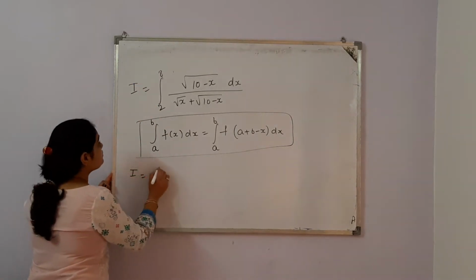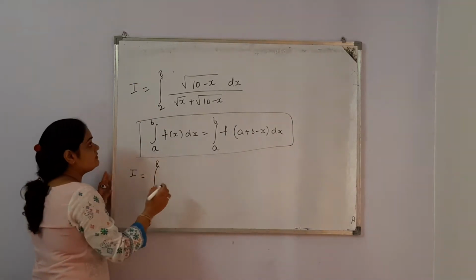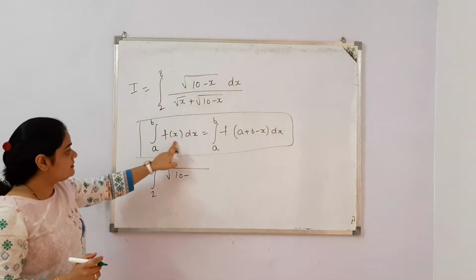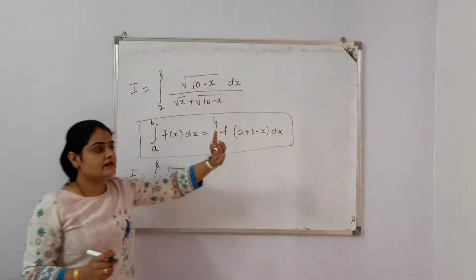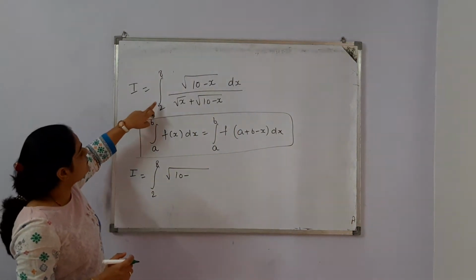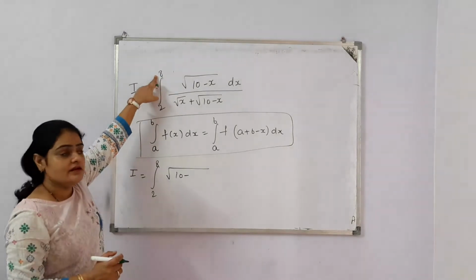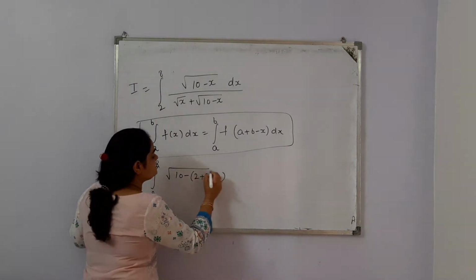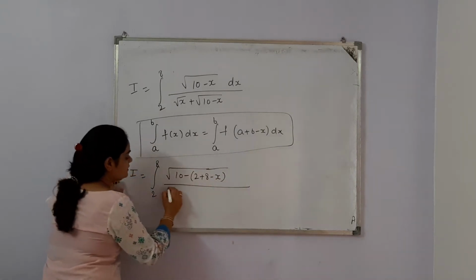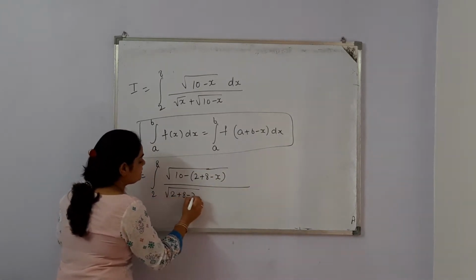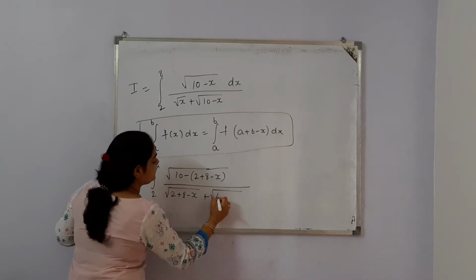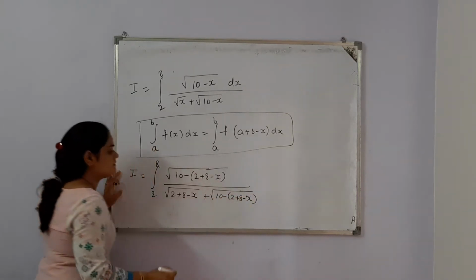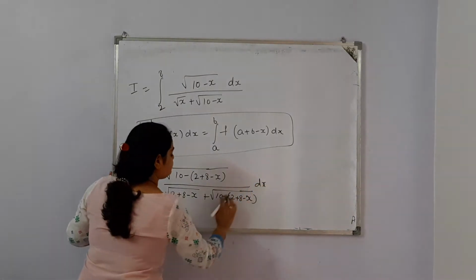So I is equal to the integral from 2 to 8, the limits will become the same. 10 minus, in place of x, it is a plus b minus x. So a plus b is 2 plus 8, which is 10, or I can write 2 plus 8 minus x, whole upon 2 plus 8 minus x plus 10 minus (2 plus 8 minus x) dx.